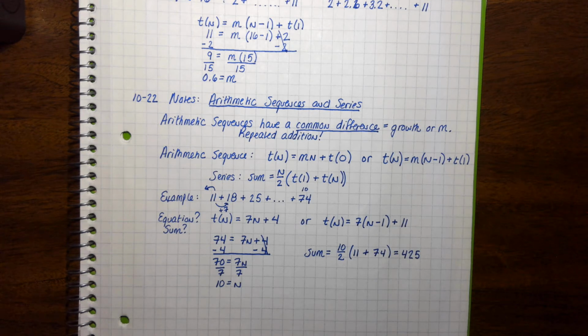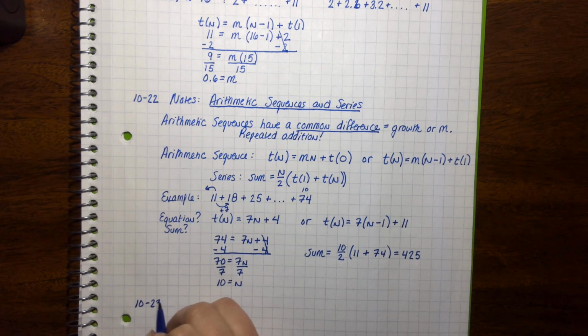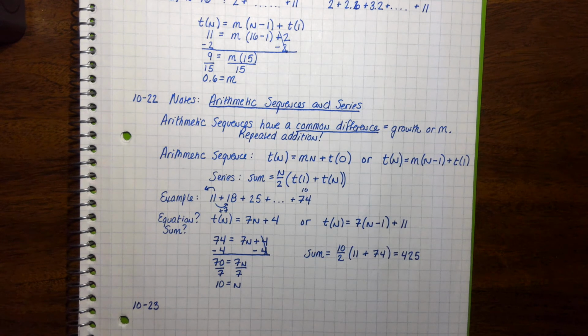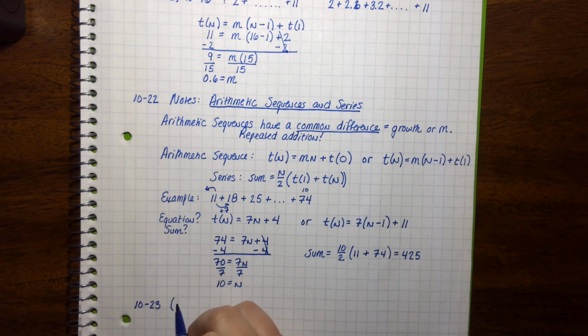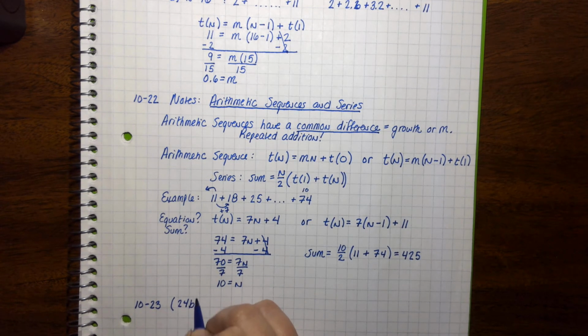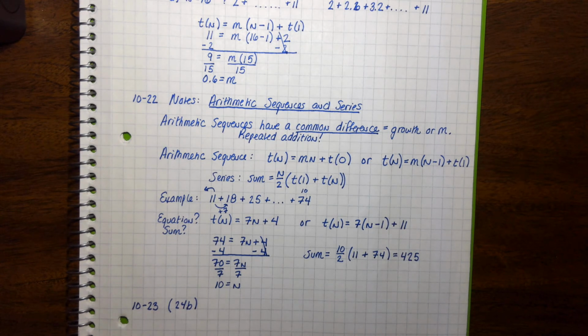Now, for 23, I'm back to classwork here. It says, will Antonio's method work for any arithmetic series? Why or why not? Use an example to explain your conclusion. Don't really care to do that. What I am going to do is take some problems from 24. I like 24. It's got different examples with different things. So we are going to take 23 and actually do 24b.